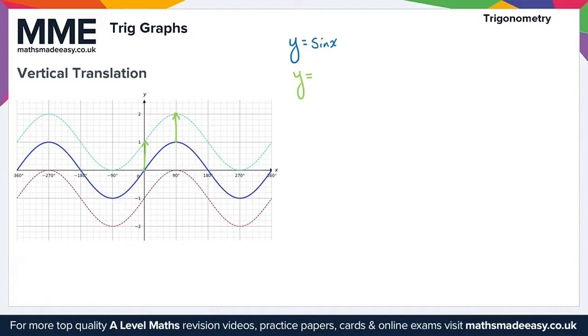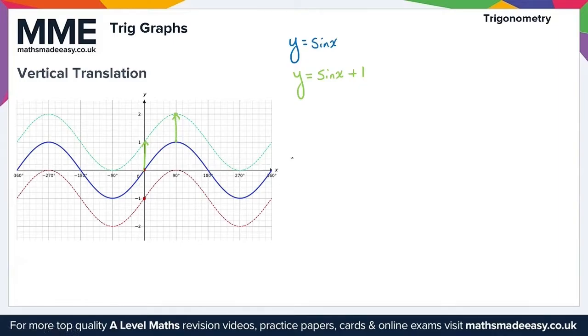So how would we denote that? Well, we simply write this as y equals sine x, and we add 1 unit to this. So this is plus 1, like so. And if we consider the red curve now, taking a look at our original graph and comparing it to our red curve, if we start here for our blue curve and we go down like this, we can see this is a decrease of 1 unit.